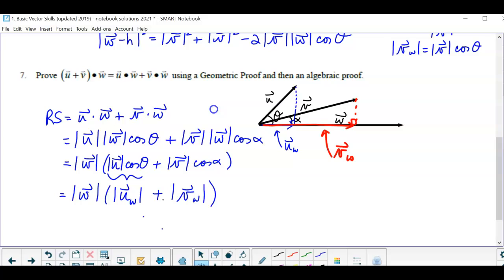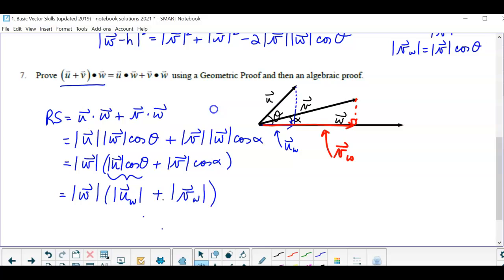Okay, and then those two together, what do they represent? Remember what we're trying to show: the left-hand side is a dot product with W. So somehow we have to show that this bracket is going to equal U plus V, the vectors, with that angle in between them.